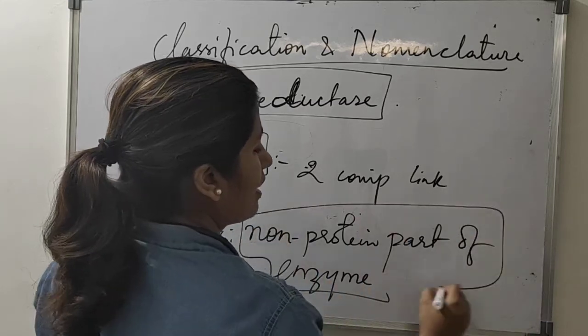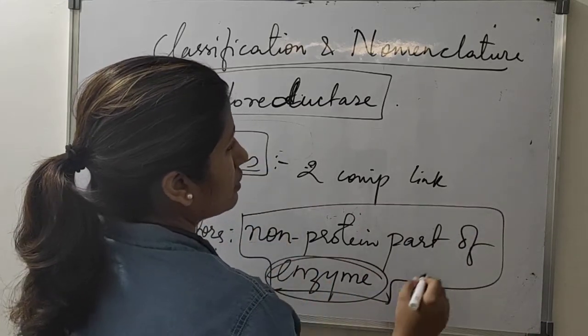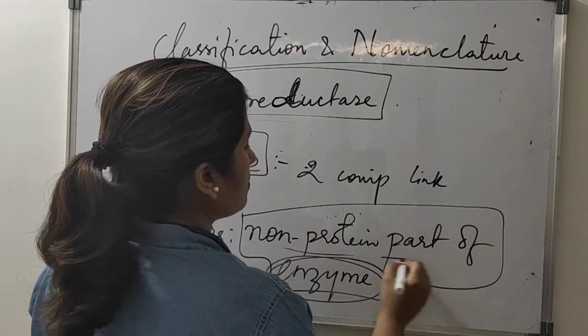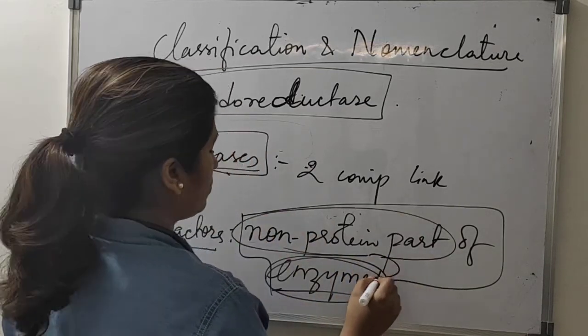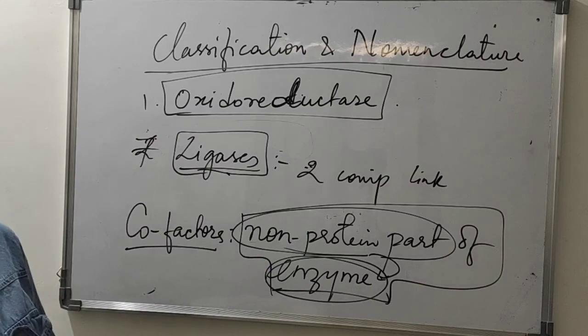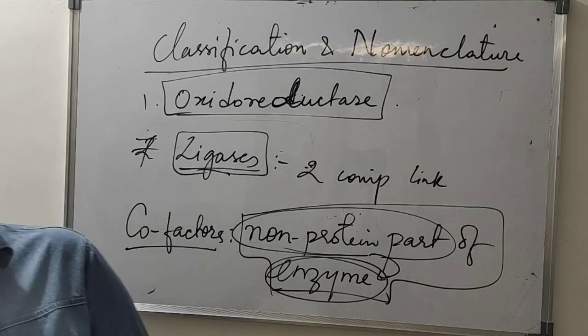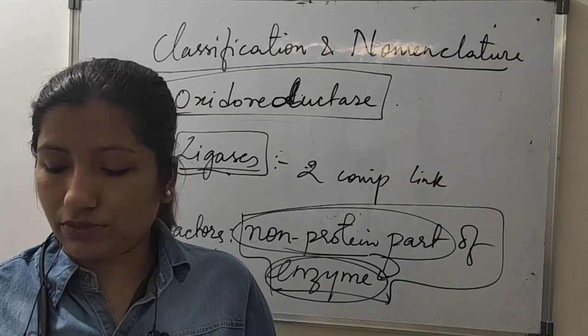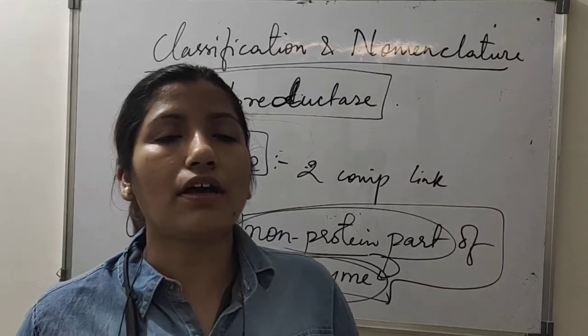We know that enzyme is protein, right? So along with the enzyme there is a non-protein part which remains attached with the enzyme, and that is known as cofactor. Please go through it and read by yourself, and if you have any doubt in the cofactor, please let me know.